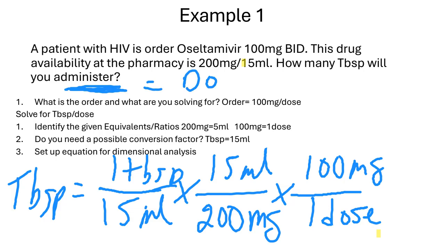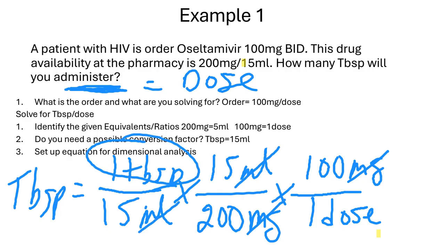So now we can solve the problem. Multiplying across and dividing by the bottom, we can start getting rid of the units that we're not going to use. Okay, so we don't need milligrams, we don't need milliliters, but we need tablespoons. So multiplying across, that will give you 1500, and then you divide by the bottom.